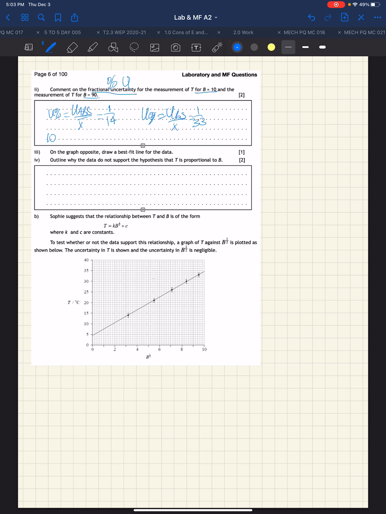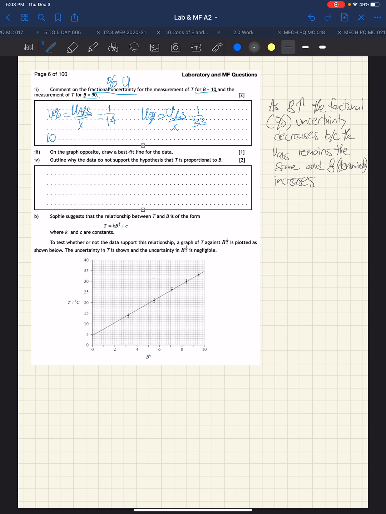And so what we can comment on then is to say that as B increases, the fractional or percent uncertainty decreases. We could go further to say because the absolute uncertainty remains the same, and B, the denominator, increases.